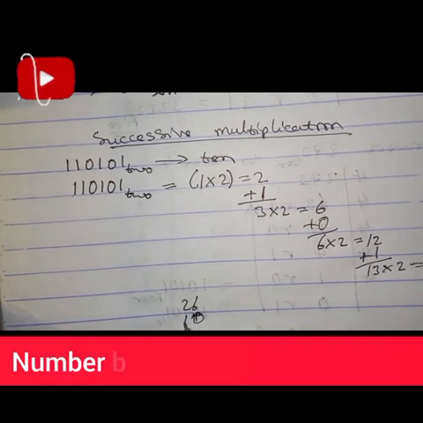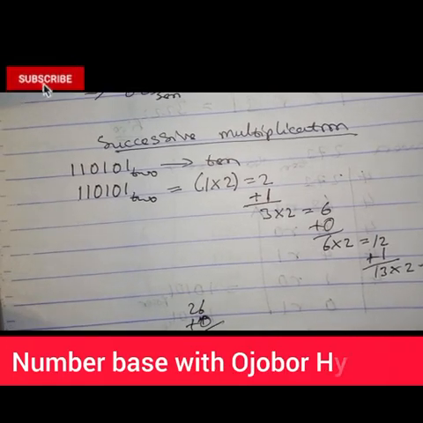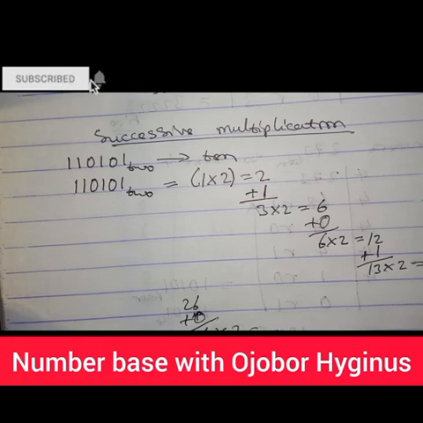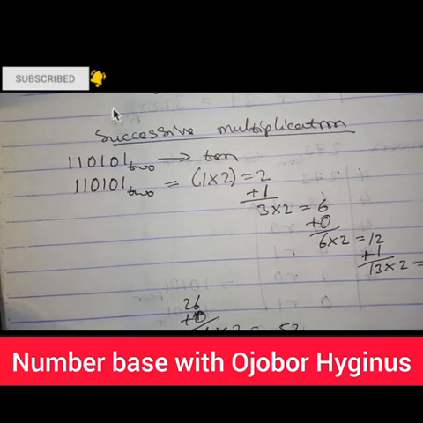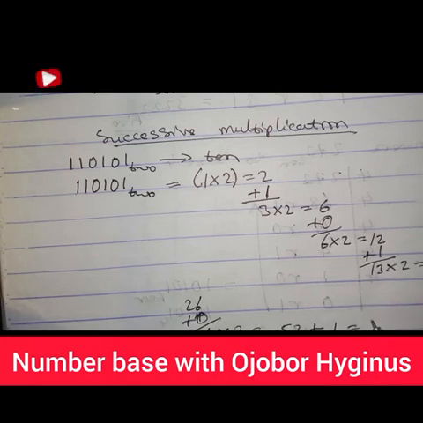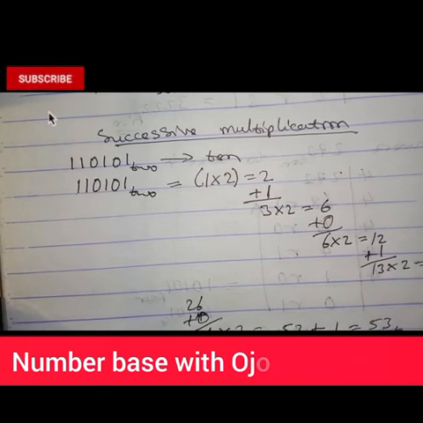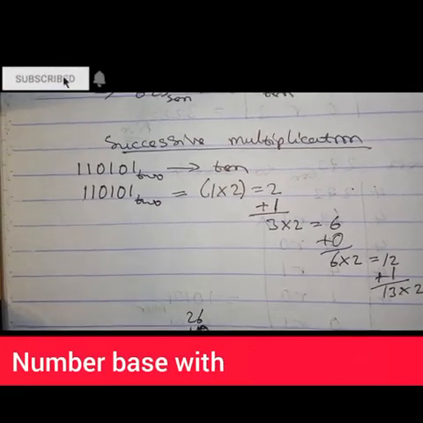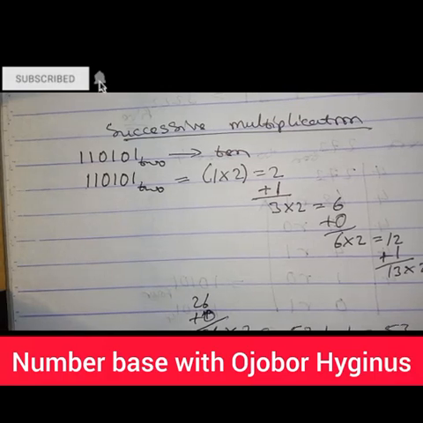If I add 0, I will still have 26. Multiply it again by the base, which is 2, to have 52. I'll add the next digit to it, which is 1, and that will give me 53 base 10. And we have used the method of successive multiplication.